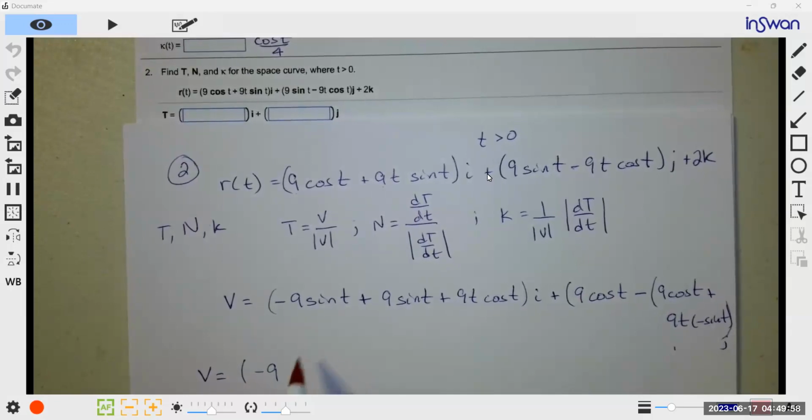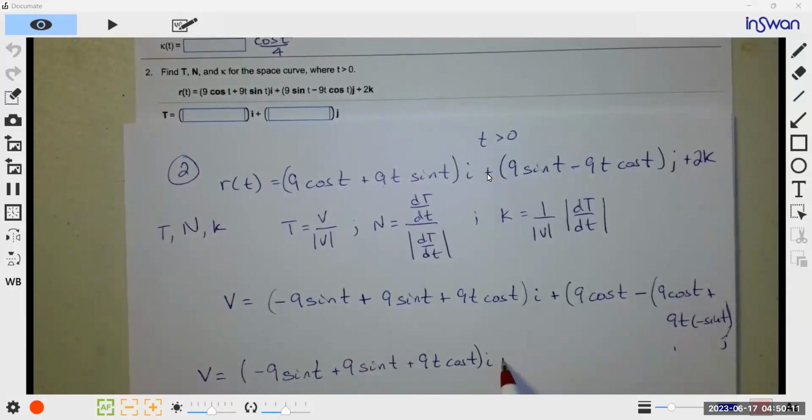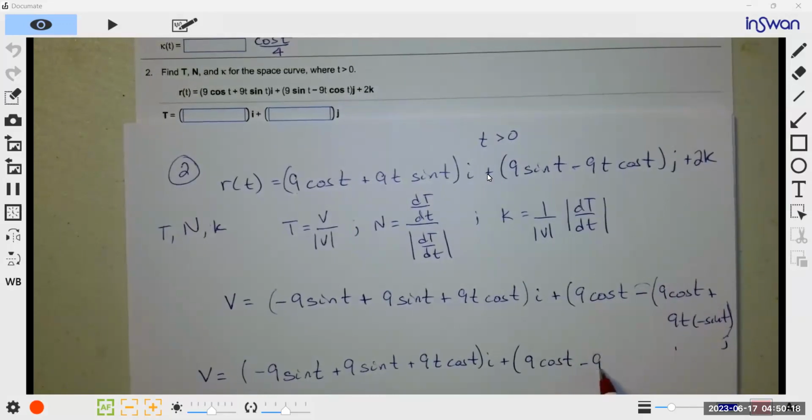So we have negative 9 sine t plus 9 sine t plus 9t cosine t, i, plus 9 cosine t, distribute that, minus 9 cosine t minus 9, well, that's a plus because that's a negative, so it becomes a plus 9t sine t j.